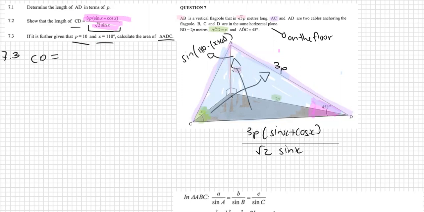So now we could say it's 3 times 10 sine of 110 for our x plus cos of 110 all over the square root of 2 times sine of 110. So this is an actual value that we have now.